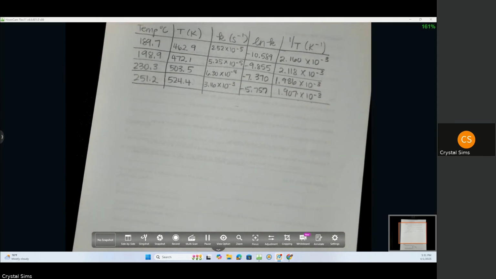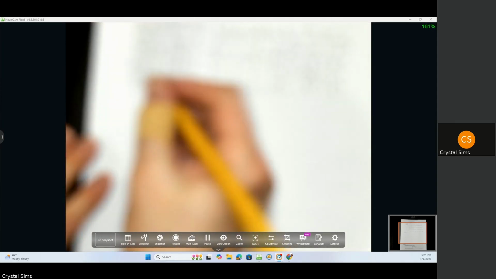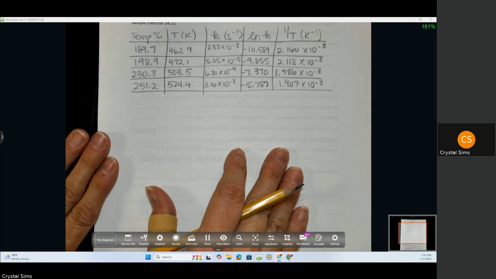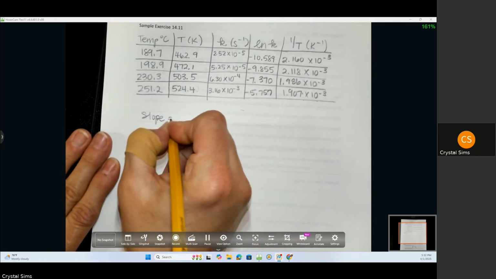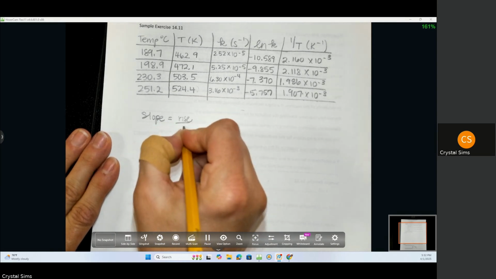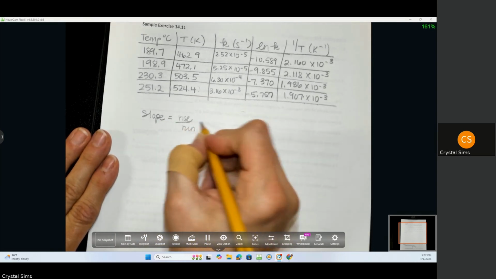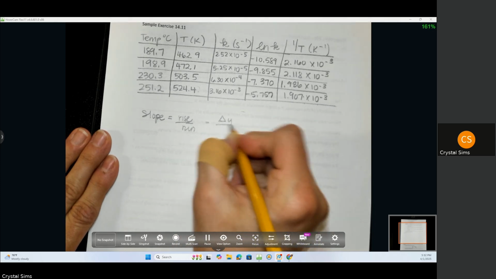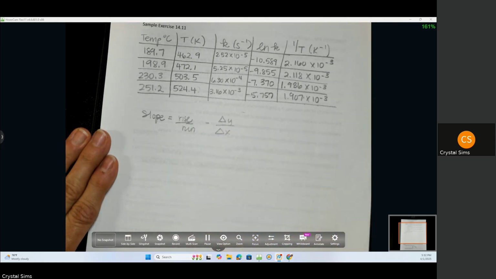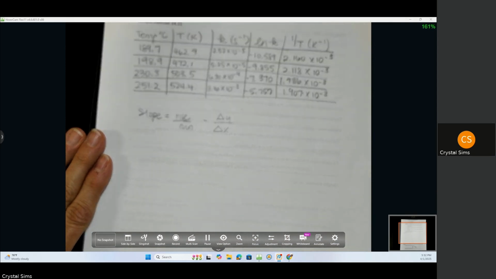Okay, so what we do to calculate slope, and if you remember this maybe from algebra, is that slope is equal to rise over run. Or if we get a little bit more technical, the change in y, so delta y over the change in x, which is delta x.